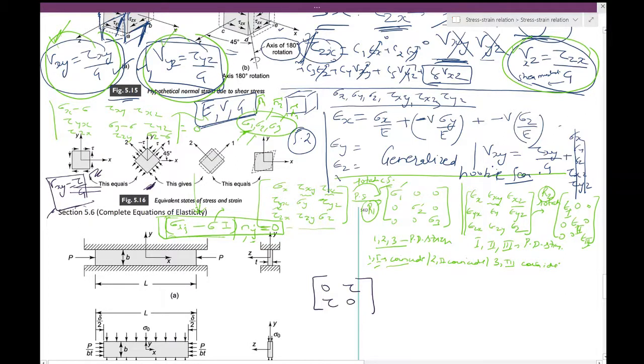What you have done over here is, in this figure sigma 1 is tau and sigma 2 is what, minus tau.